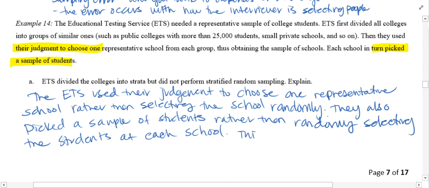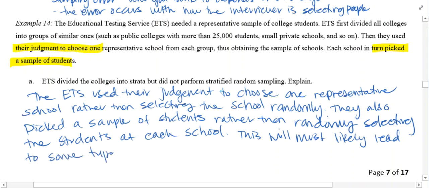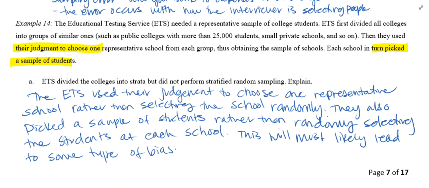So this will most likely lead to some type of bias. You know, they're most likely selecting students who are not just the average student. They're probably selecting above average students. The school they select is probably above average, things like that.